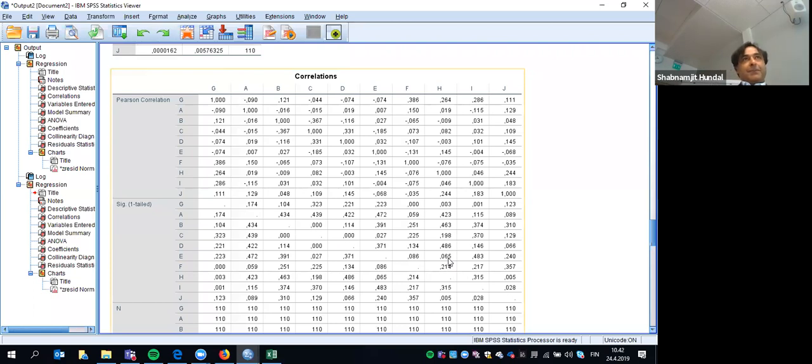You get my point? You can say with 93.5% confidence, because here the level of significance is 0.065, which means 6.5%. You can say with 93.5% confidence that the correlation between H and E is significant, even though the correlation between H and E is just 0.145. Very small.